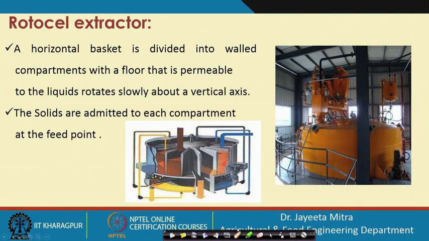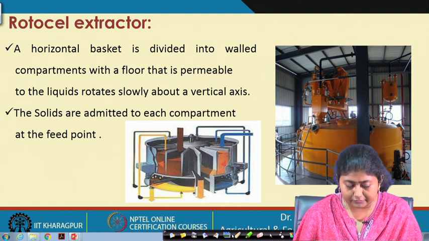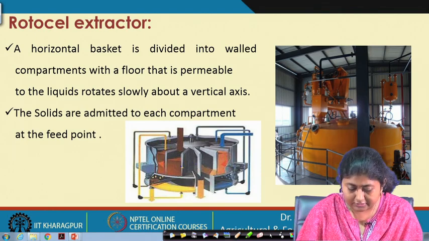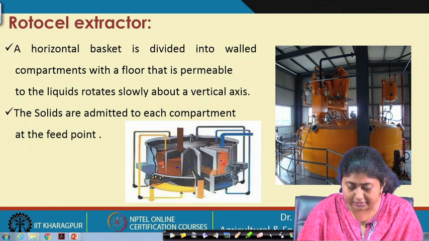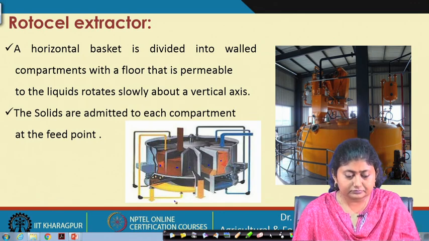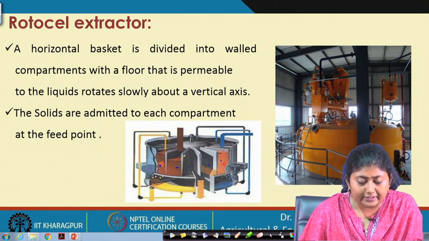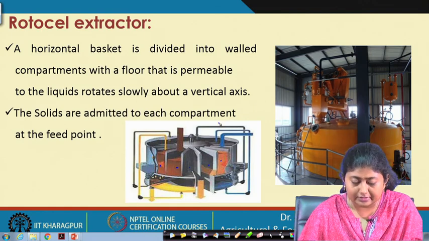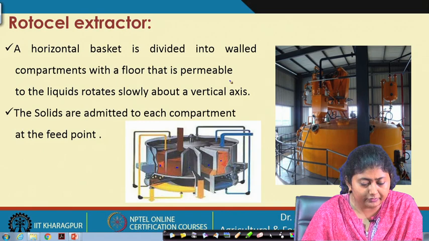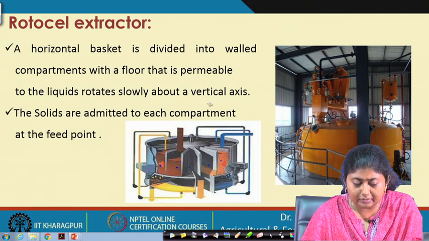Okay. Next is the rotocell extractor. The rotocell extractor is a horizontal basket that is divided into walled compartments. We can see there are many compartments, each with a floor that is permeable to the liquid, and it rotates slowly about a vertical axis.